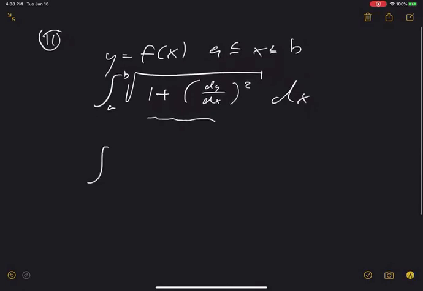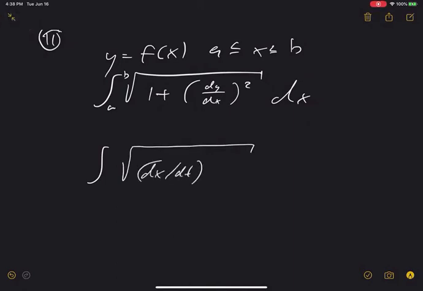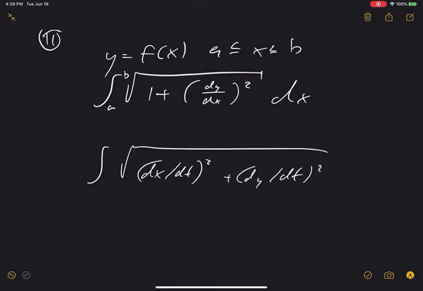If you rearrange this and do some chain rule stuff, you get this formula for arc length of parametric functions. Order doesn't matter, but it ends up being the square root of dx dt squared plus dy dt squared. Then I'm integrating in terms of dt. And if they give me t between a and b, those would still be my bounds.